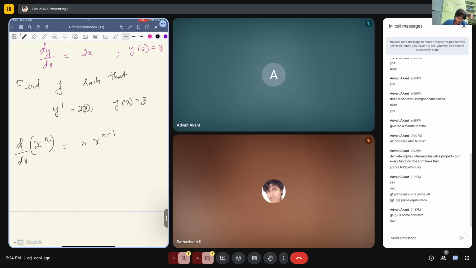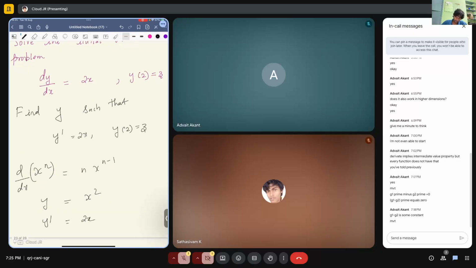If you want x, then your exponent has to be 2, only then you will get x here. So y has to be x square, and if you take the derivative of y, y prime will be 2x. So your function is basically x square.